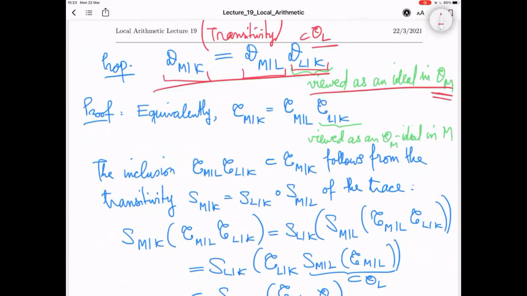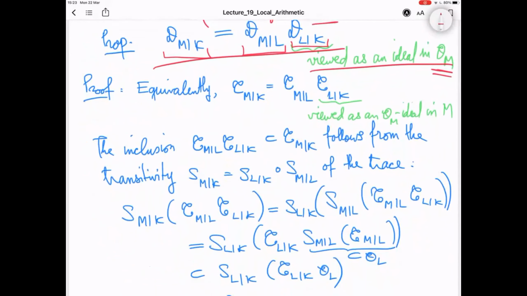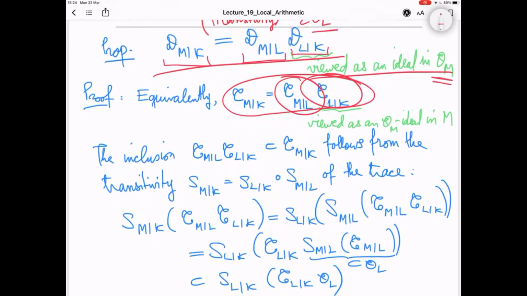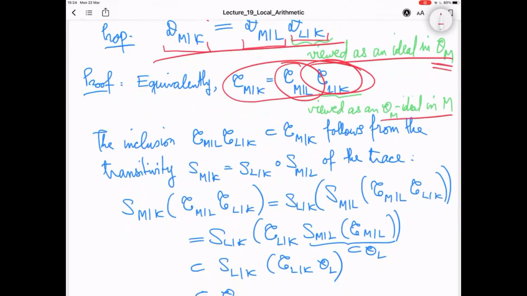So let's prove this transitivity relation. Proving it for the different is the same as proving it for the inverse different, so for the complementary lattices. It's enough to prove that CM over K is equal to the product of CM over L and CL over K. CL over K is to be viewed as a module in OM. To begin with, it's a module in OL, and it has to be viewed as a module in OM.